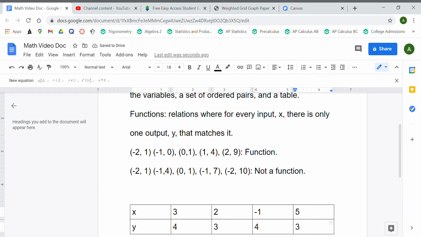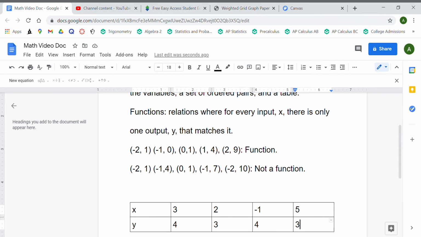I jumbled up the order this time, but you should be able to notice that there's only one output for every x input.